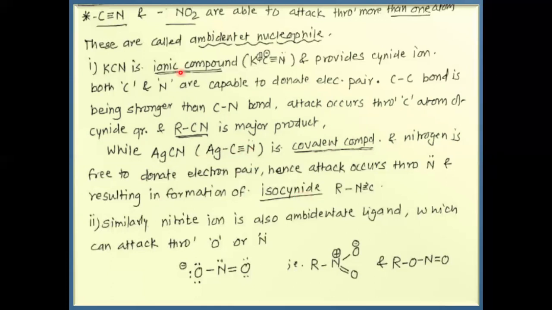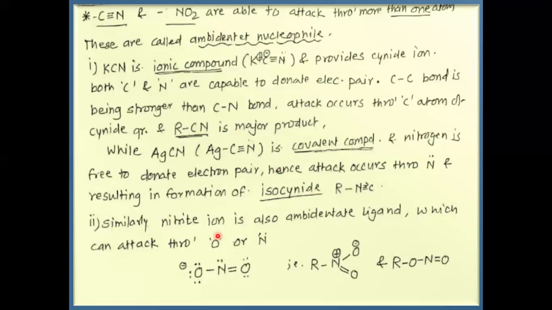Potassium cyanide is ionic while silver cyanide is covalent.